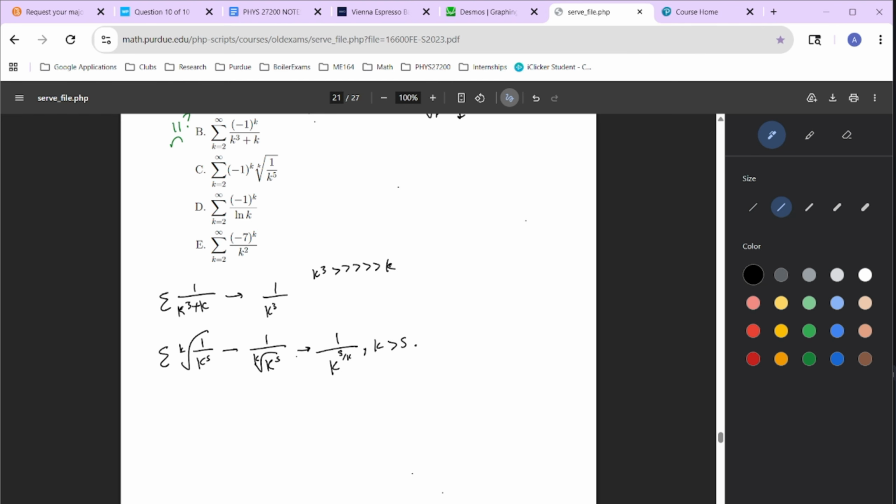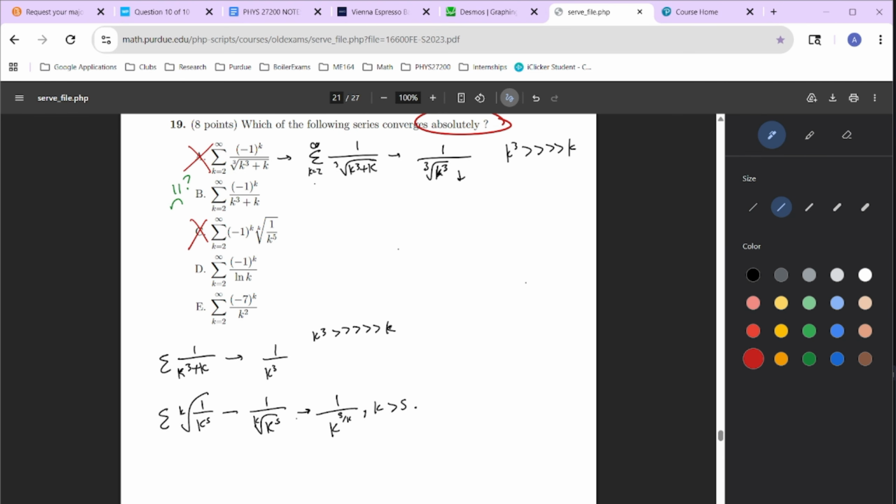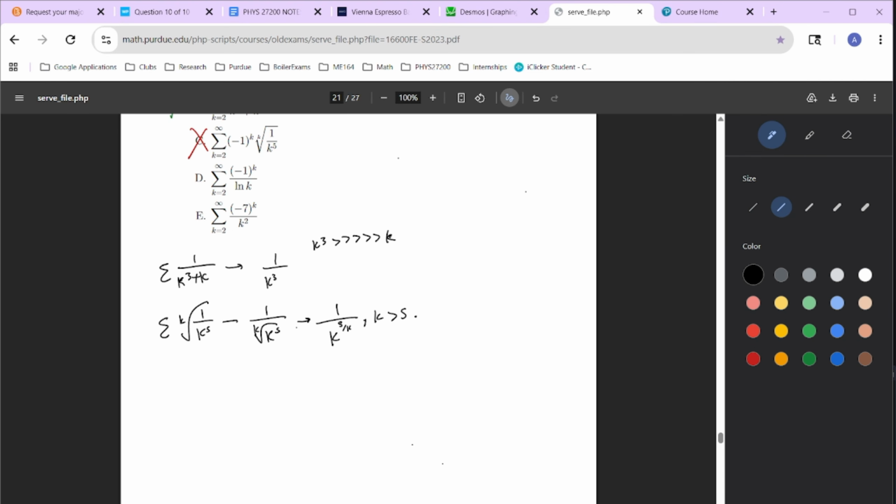That means that the exponent is guaranteed to be less than 2. Well, actually, it's guaranteed to be less than 1, right? Which means that it fails the p-series test. That means that C is no longer an option. Let's look at D now.